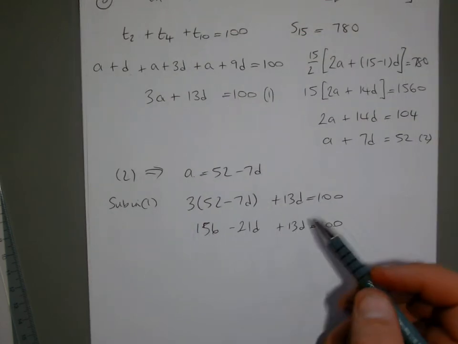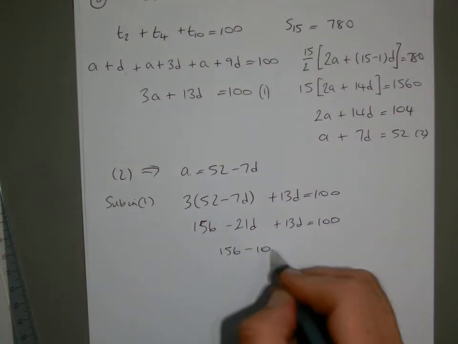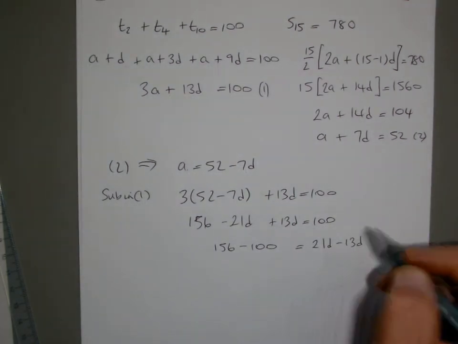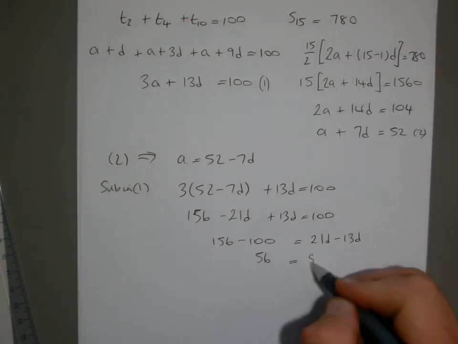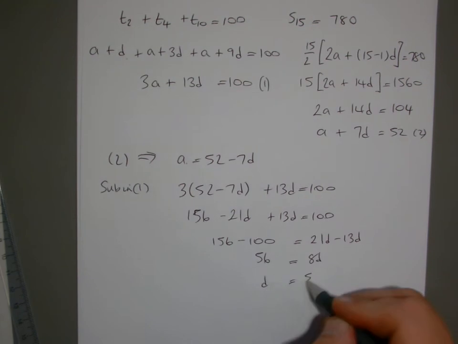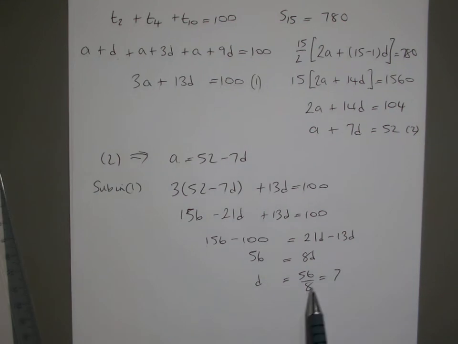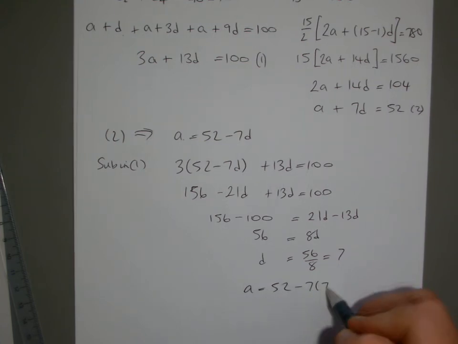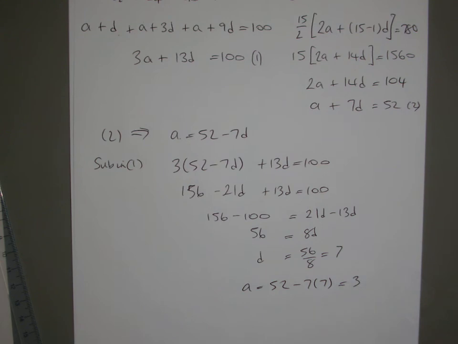So what do we have here? Well, if I take the D's onto the right hand side, 21D minus 13D, take the 100 this side, so I have 56 here, and that will be 8D. That means then D will be 56 divided by 8, which is 7. Of course, if you know D is 7, then you can sub it back in here to work out what A is. A will be 52, take away 7 times D, 7 times 7, which works out then to be 3. So I found out the difference and the first term A.